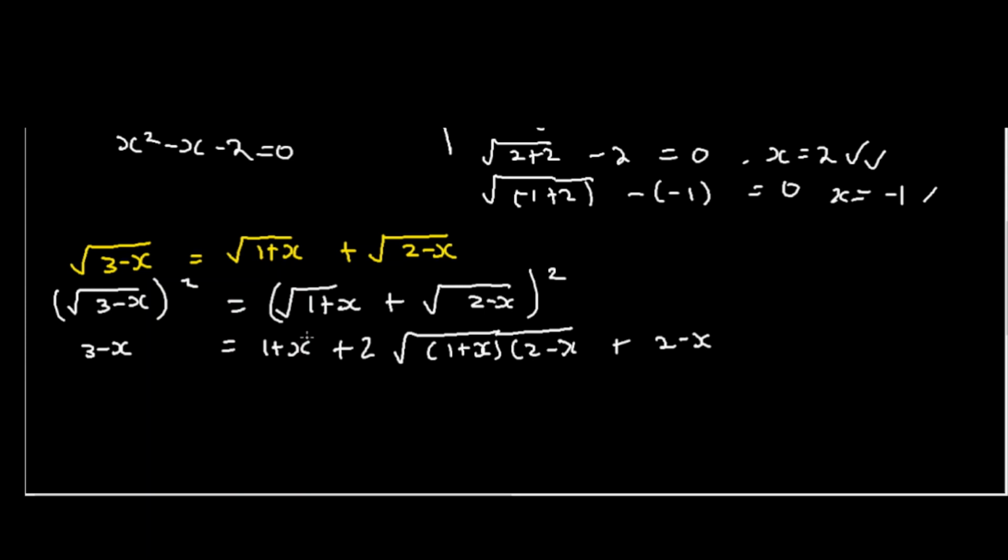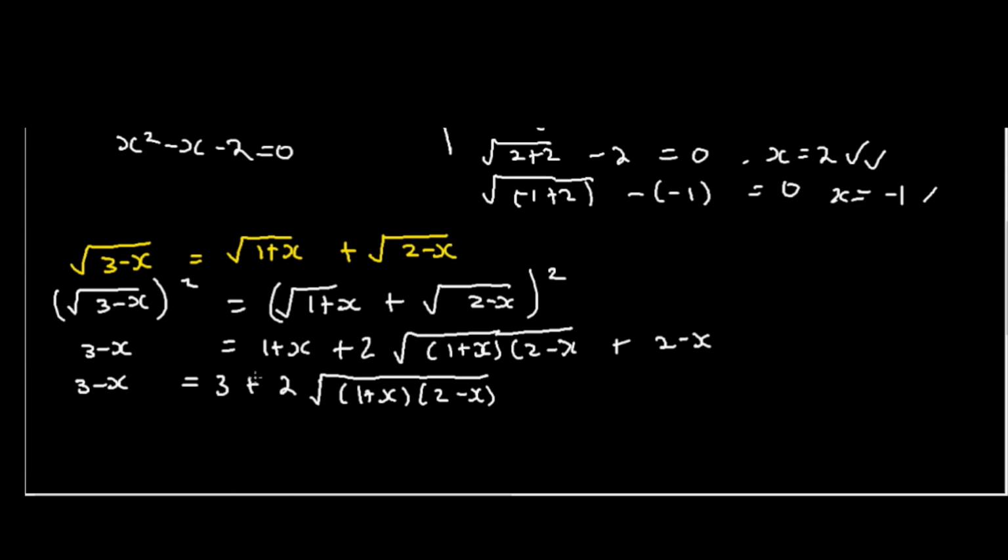After that we can rearrange, and then we shall have 3 minus x being equal to, so this is 1 plus x, 1 plus 2 will give us a 3, plus x minus x, the x will cancel out, and then we shall have 3 plus 2 square root of 1 plus x, into 2 minus x.